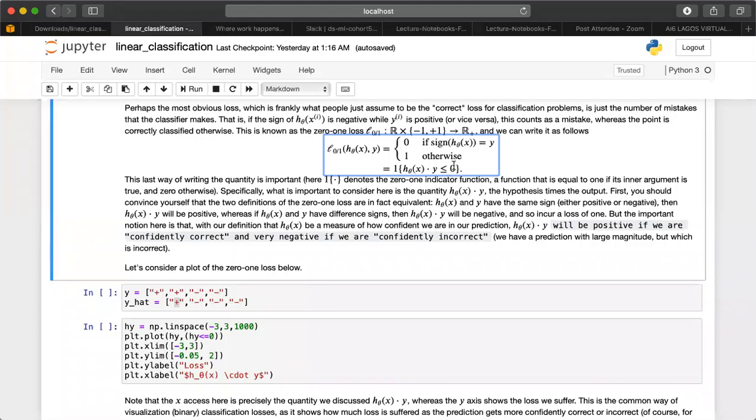You can even change your notation and say, if your value is greater than 0, then it is a 0, else it is a 1. You can play around with things, but we are going to follow the convention that the professor used.